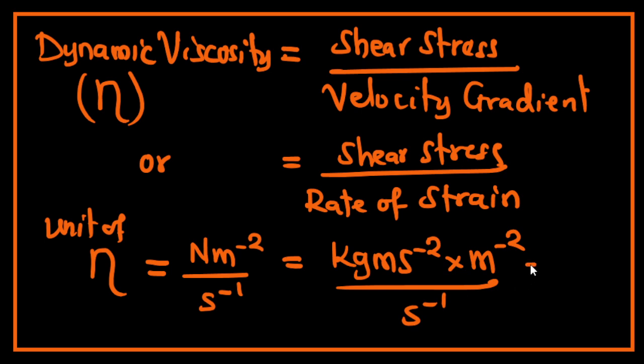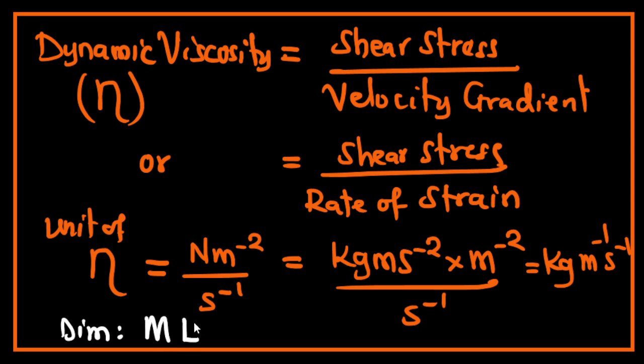So you have kg, m raised to the minus 1, and s raised to the power of minus 1. So the dimension is going to be M, L raised to the minus 1, and T raised to the power of minus 1.